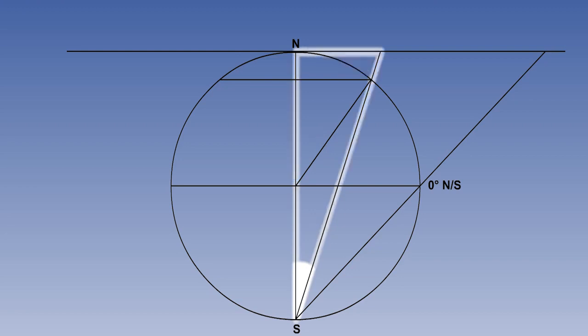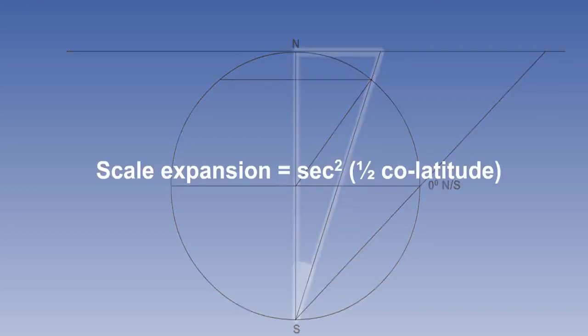The scale expansion along the sheet of paper is therefore a function of the co-latitude. You are not required to remember the details of the above explanation, but you should remember the equation that results, which is that scale expands away from the pole at a rate of the secant squared of half the co-latitude.